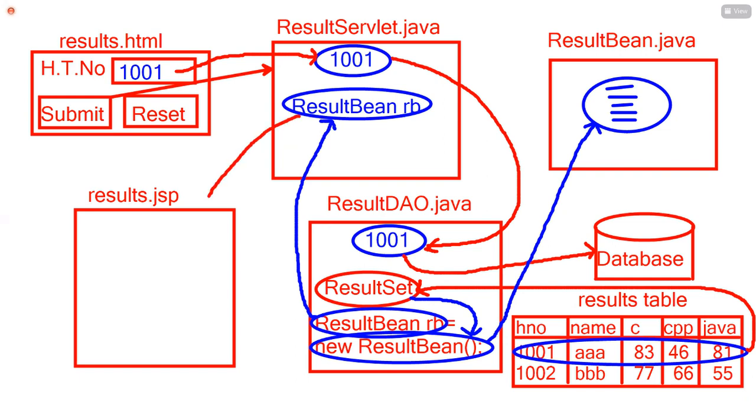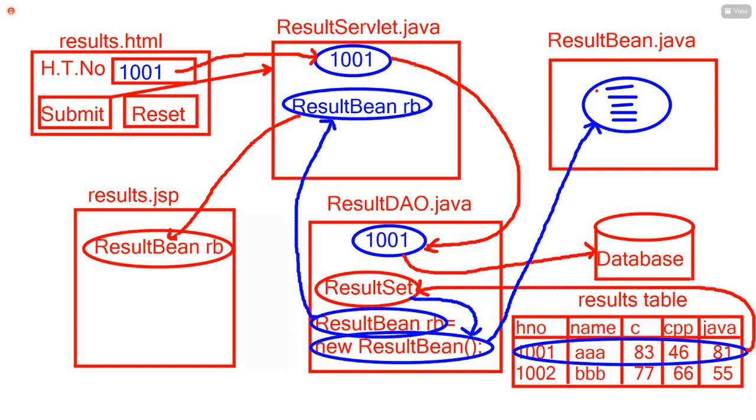I'll forward it, then you'll get rb here. The ResultBean reference you'll receive. But it is only a reference.